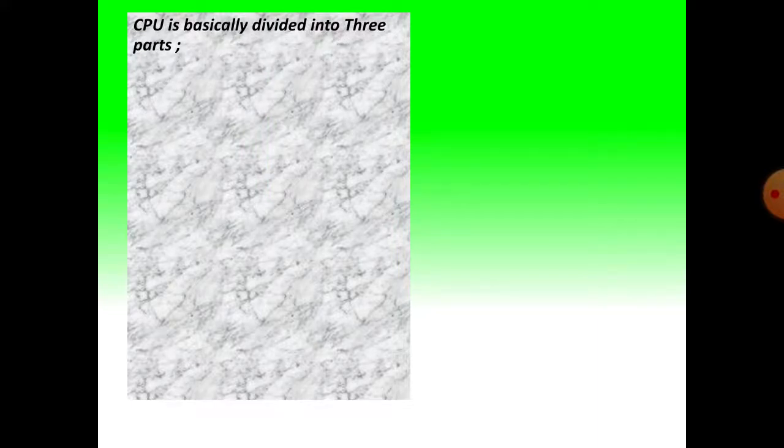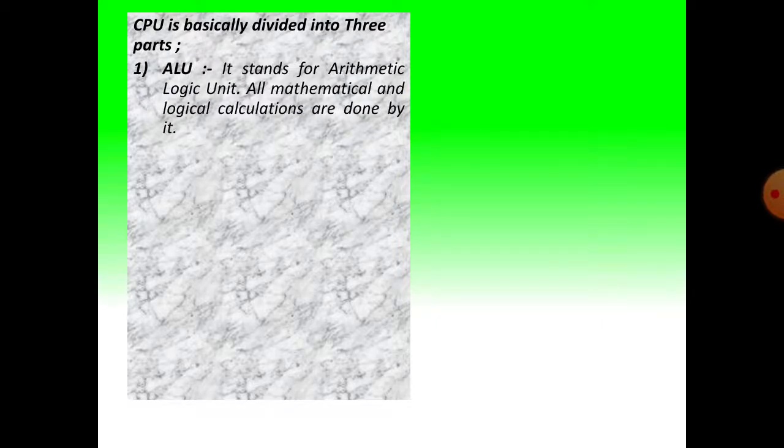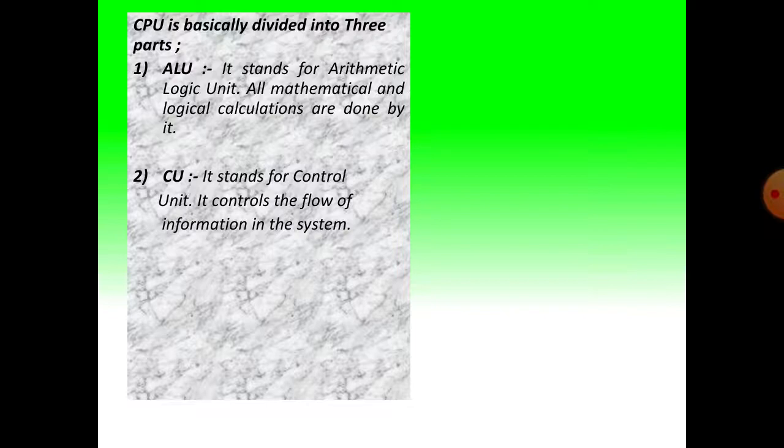CPU is basically divided into three parts, namely, number 1, ALU. It stands for Arithmetic Logic Unit. All mathematical and logical calculations are done by it. Number 2 is CU. It stands for Control Unit.